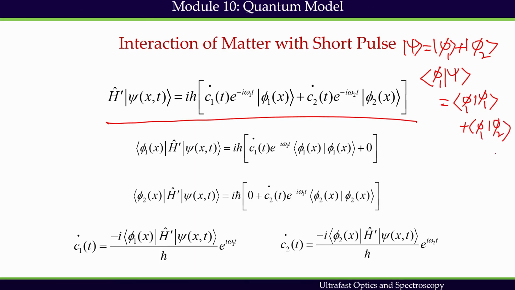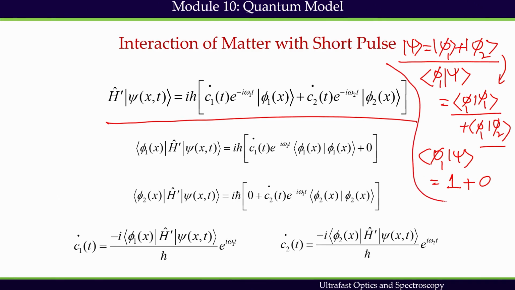If I do this kind of multiplication, then we can make use of the orthonormalization condition, where we will be able to simplify this expression, because this is going to be 1 and this is going to be 0. In many occasions in quantum mechanics, to reduce an equation, we make use of this orthonormalization condition, and that's exactly what we have done here.